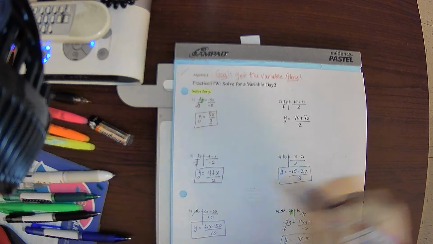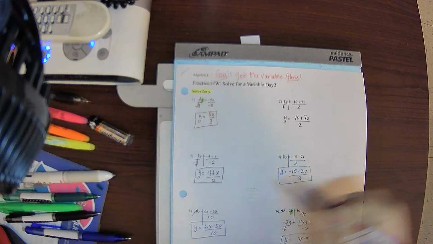And that's our final answer. Moving on down to number 6. 2 will not go into 9 evenly, so we're going to leave the 9x over 2. But negative 10 divided by 2 is a negative 5. So we are going to have some fraction answers here, and that's okay.